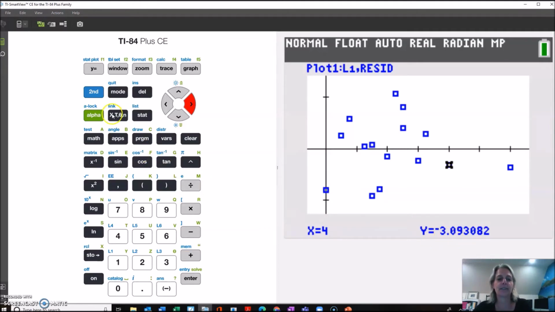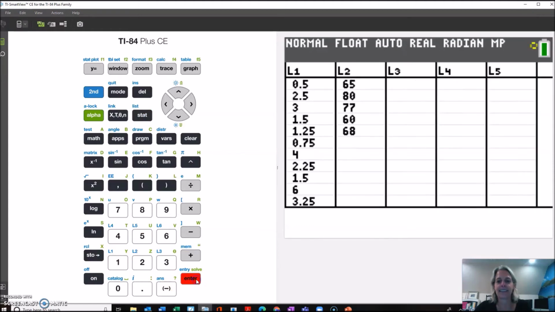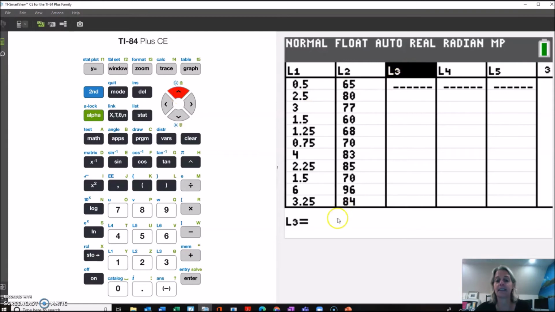I can also do this a couple different ways. I can go back to my list, and in my list 3, I'm going to scroll to the right and go up to highlight list 3. Now that I've already run my regression, I can put the residuals in list 3, which can be really helpful.